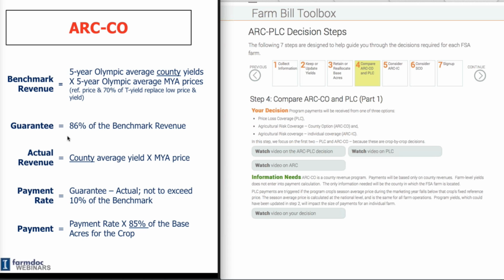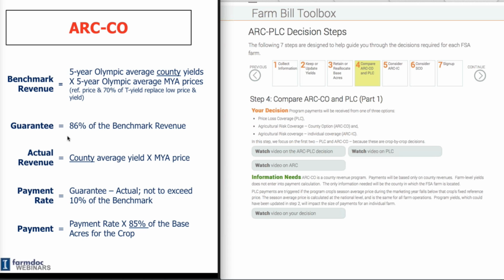It's based on a benchmark revenue: a 5-year Olympic average of county-level yields, and a 5-year Olympic average of national marketing year average prices for each program crop is used to develop that benchmark revenue. In those yield histories, there are rules that would replace any extremely low yields.